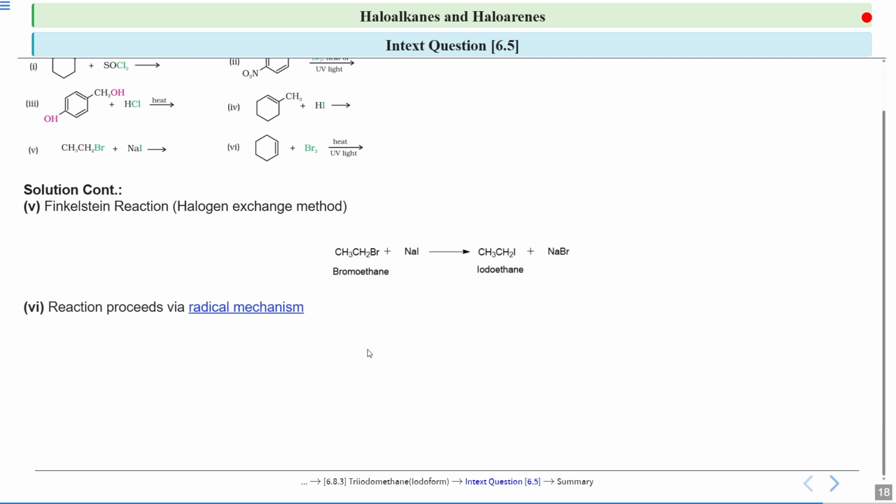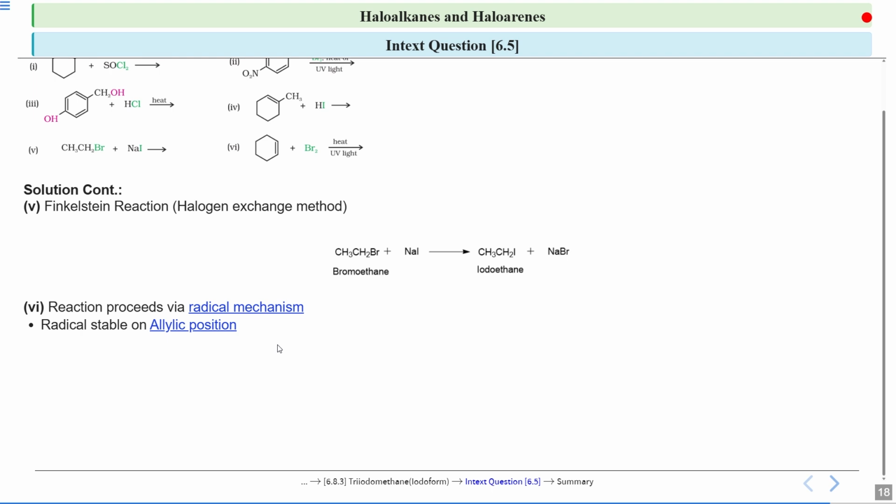Now, if we see the sixth reaction, which is the reaction of alkene with the halogen, this reaction will proceed via a radical mechanism because it is happening in presence of heat and UV light, right? So what will happen? The radical is stabilized at the allylic position.